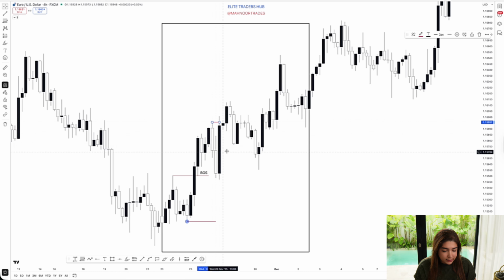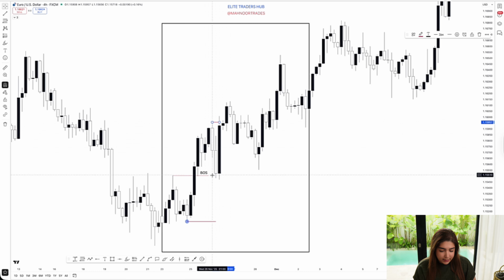Once you've identified your range, what you have to do next is find the lowest point between this range that is actually causing the price to go higher. If I'm looking at this range here, the lowest point inside the box is this one here. This is the lowest point before the price pushes higher and breaks past the previous range.